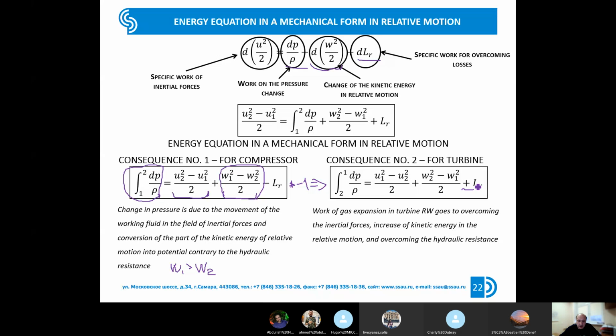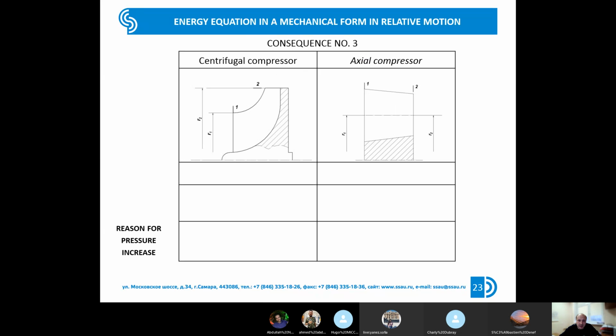Okay, let's remember what kinds of compressor we know. We know two types of compressor. We know the centrifugal compressor, and the main feature of this compressor is that the air comes into the compressor at the lower radius and moves from the axial direction to the radial direction and comes out at the upper radius.